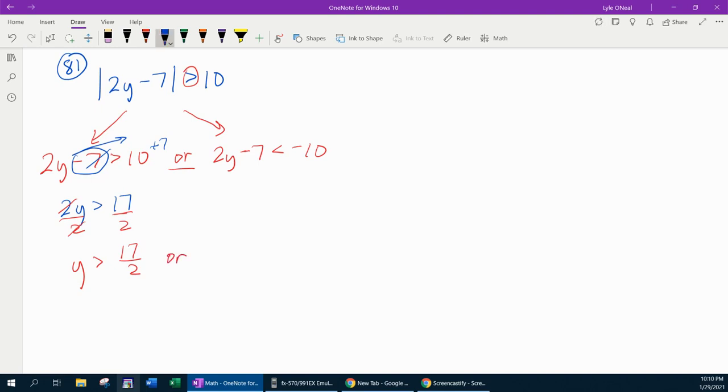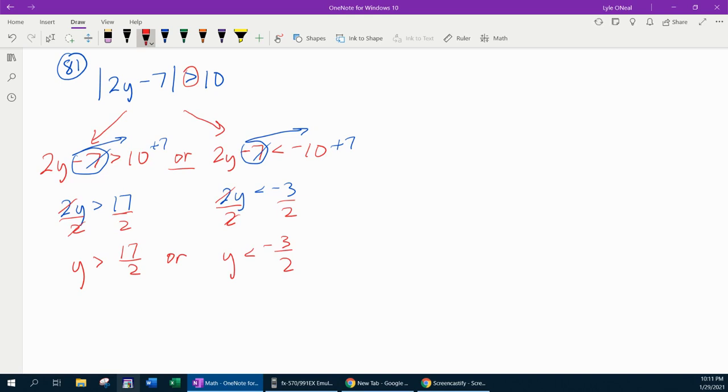Or bringing the -7 over makes it a +7. That's going to give me 2y less than -3. Then if I divide both sides by 2, that is also not going to divide nicely. So I'm going to leave that in fraction form this time.